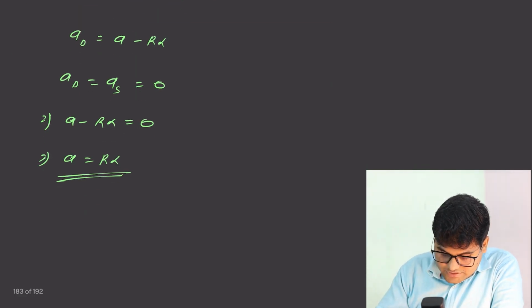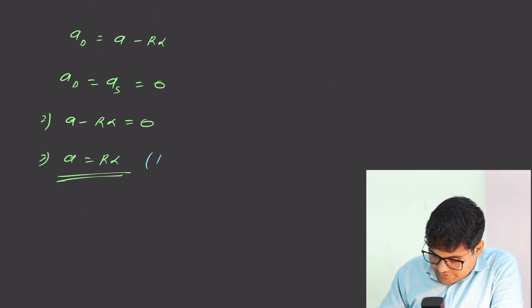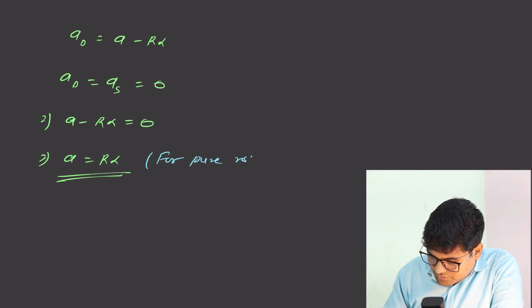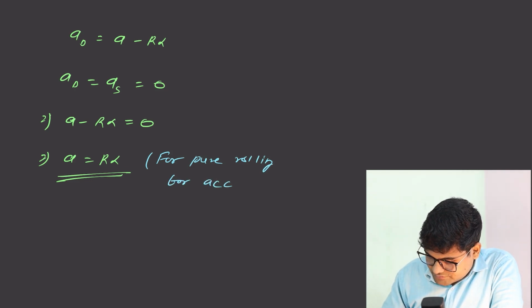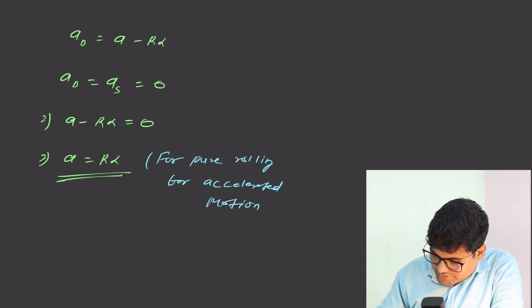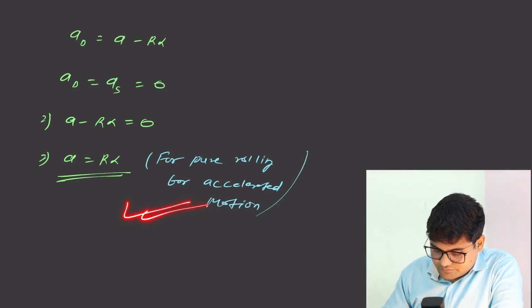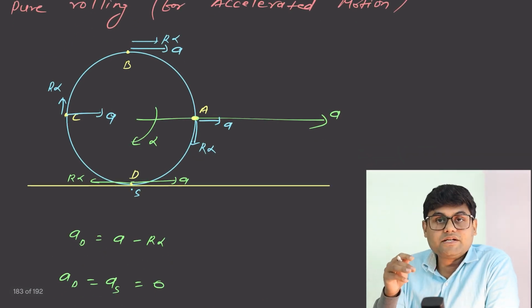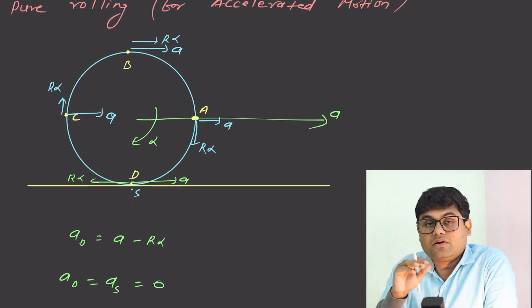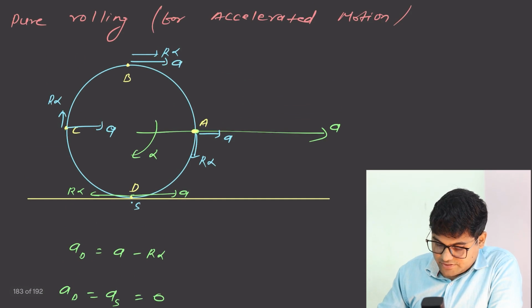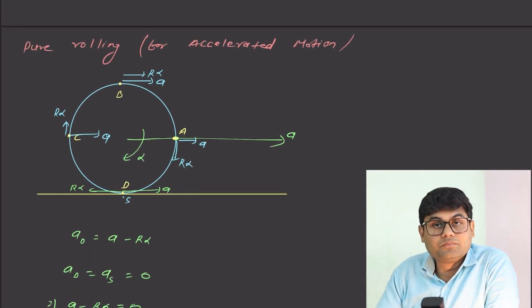Okay, so this is the condition for pure rolling for accelerated motion. Okay, now there are some points which you should remember or take care of while solving problems related to pure rolling.